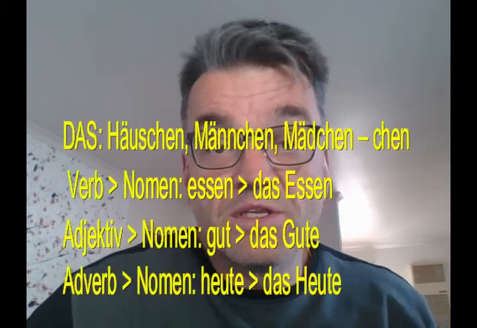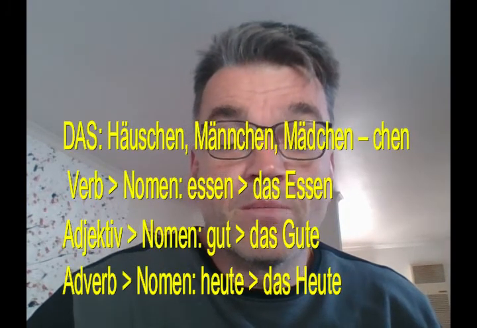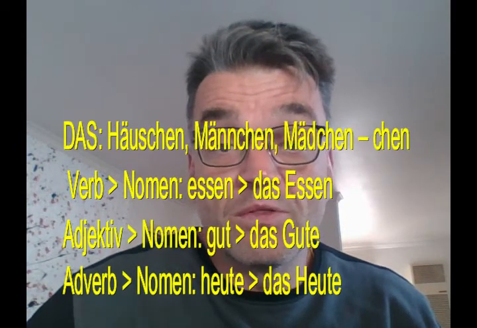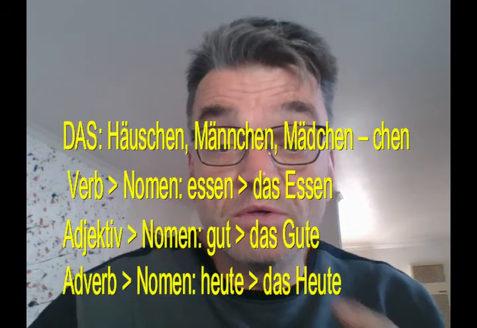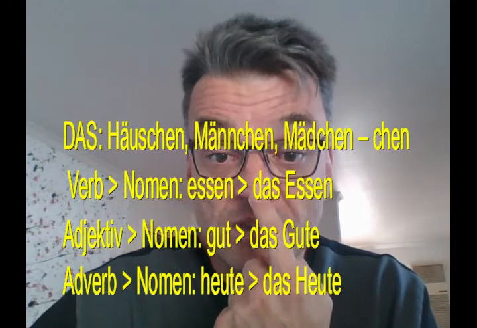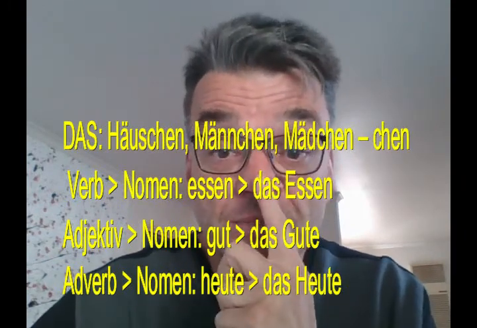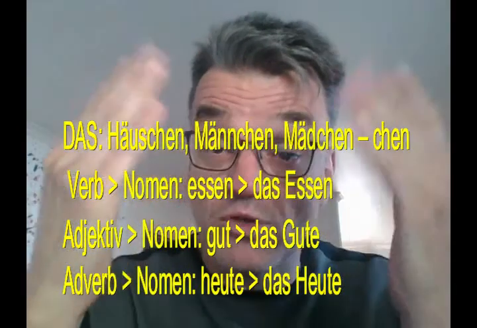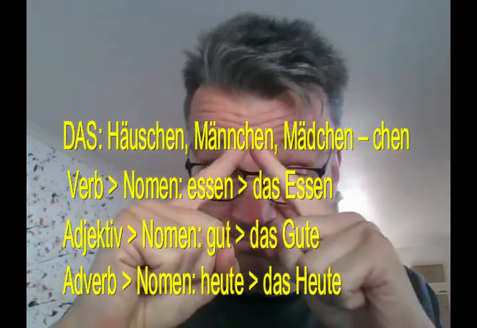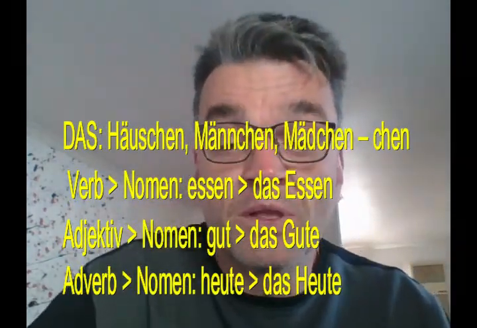However, the endings heit, keit, schaft, as in Meinung, Freiheit, Wirtschaft, are dead-given feminine. For neuter, we likewise have very limited but effective diminutives that are marked by chen. They are always neuter. So die Nase, the nose, can be turned into a little nose, das Näschen. The house can be turned into a little house, das Häuschen.